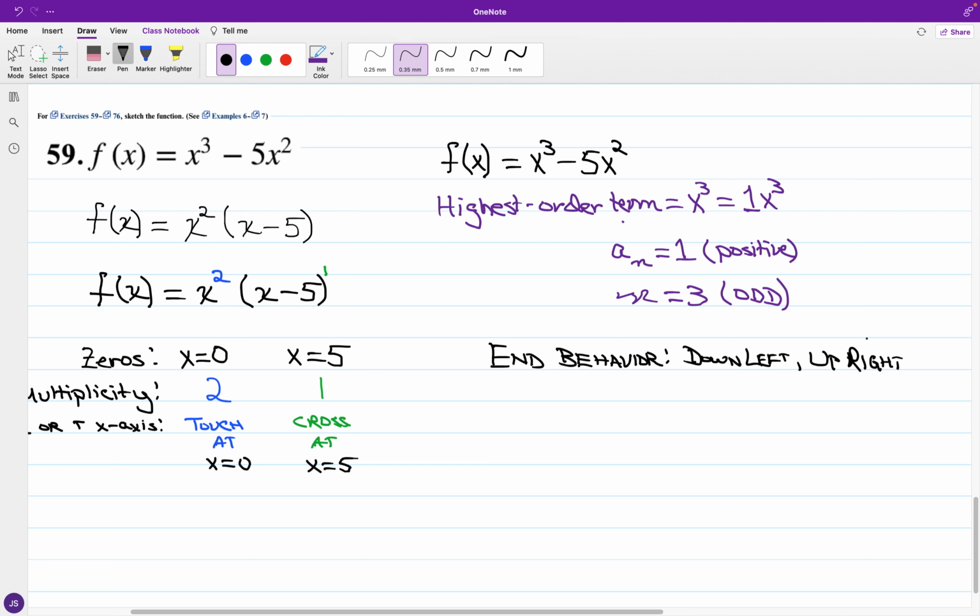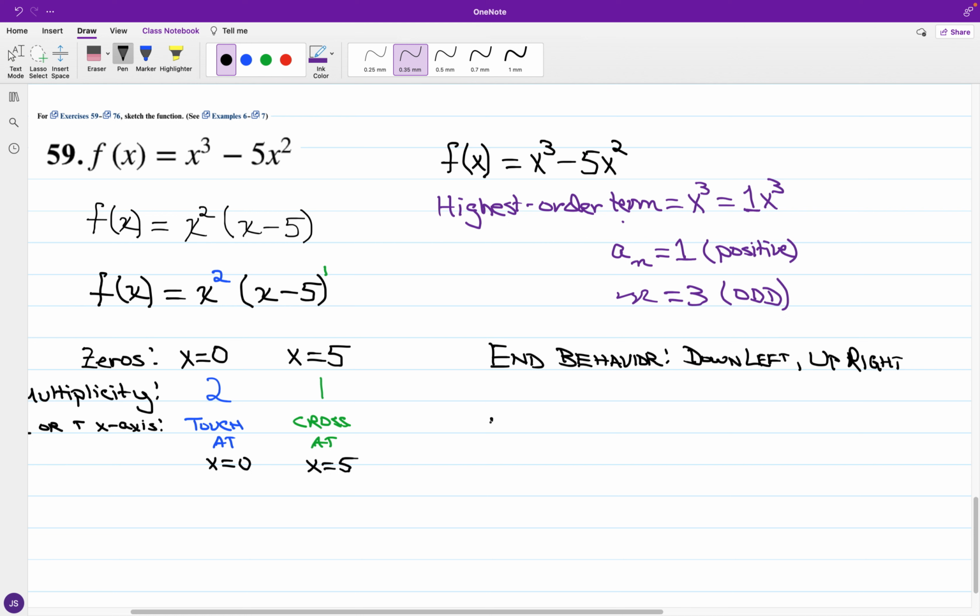Now another feature in terms of graphing, and Alex often emphasizes this: the zeros we have are our x-intercepts, and intercepts are locations where the graph crosses or touches the x-axis.